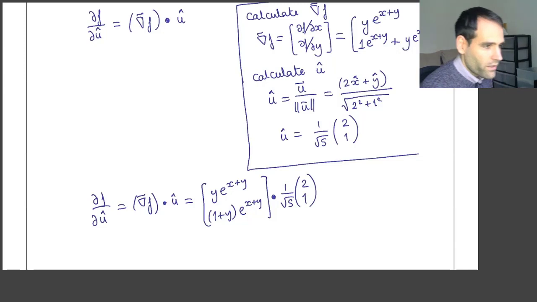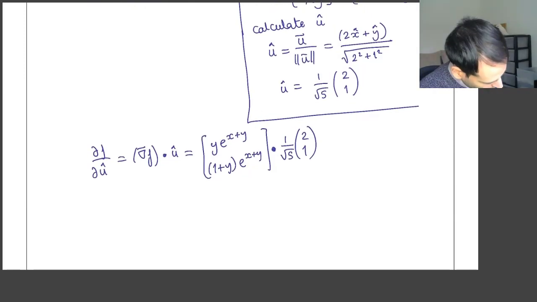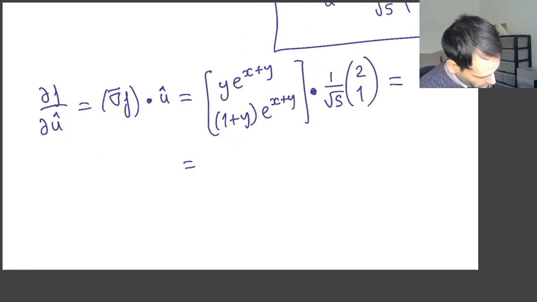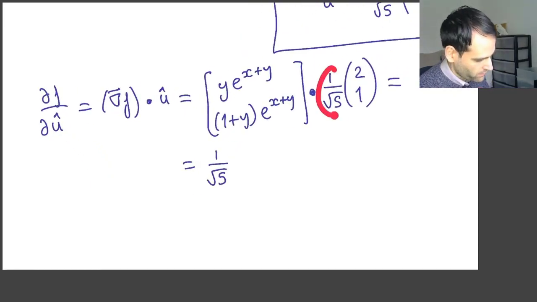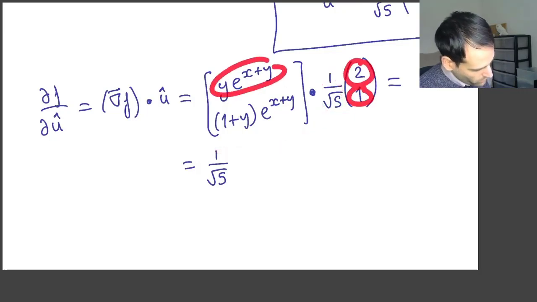Okay? So the answer to this is, I will use a new line. So it's 1 over square root of 5. Let's leave that at the beginning as a constant. So now we do 2 times this plus 1 times this.